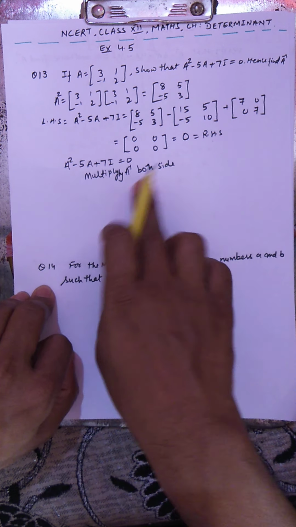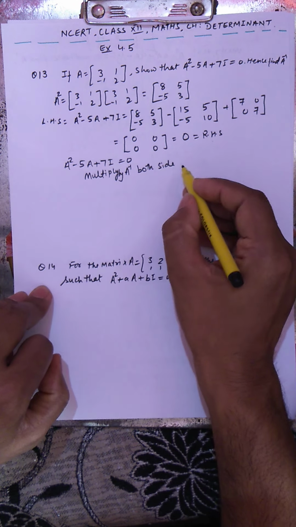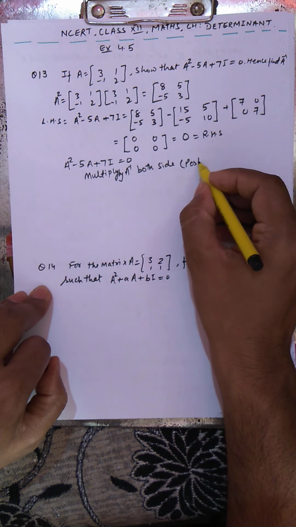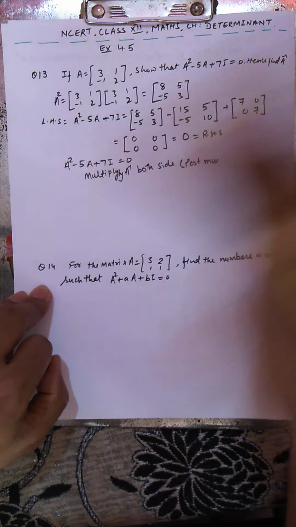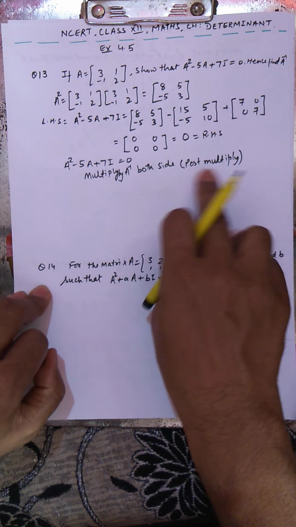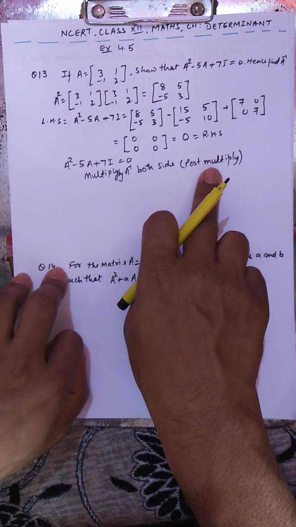That multiplication can be on the right hand side or the left hand side. Pre-multiplication means multiplying from the left. Here in this particular case we will say this is post multiply, which means we are multiplying from the right hand side. It is not compulsory to mention, but it's for you to understand what pre multiply and post multiply mean.